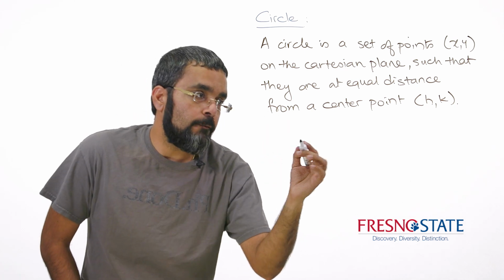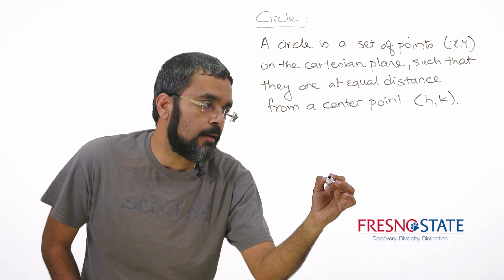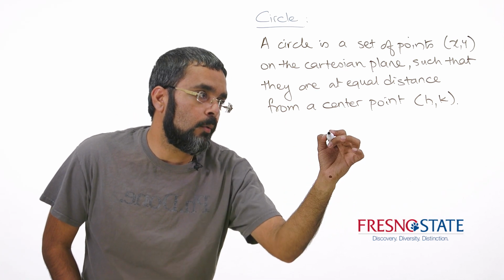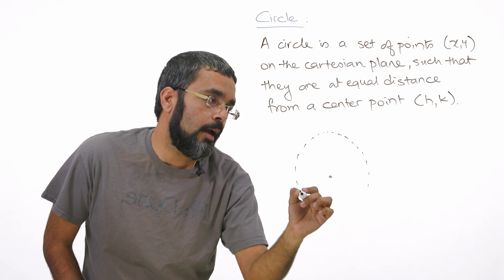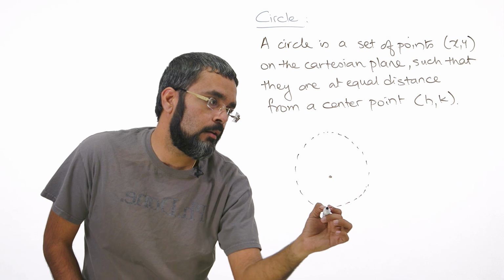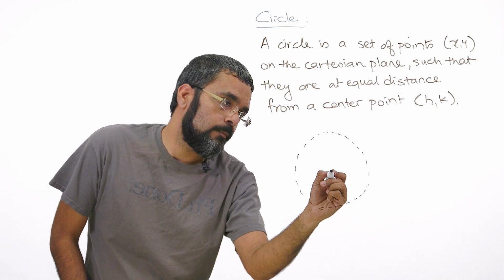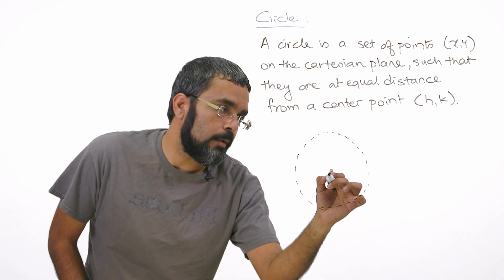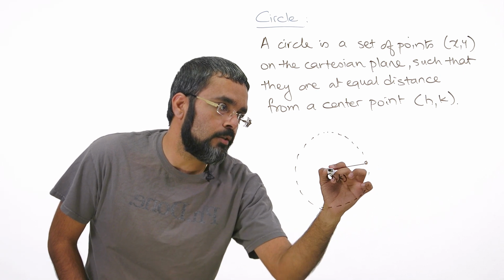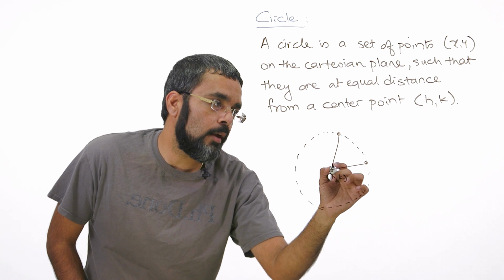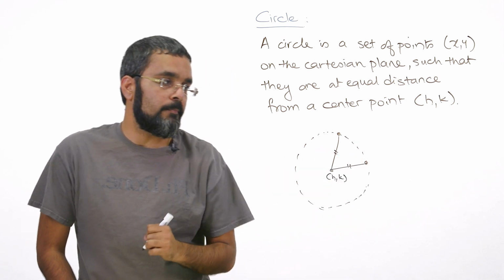So if we draw this, let's say this is our center point HK. We're picking up a set of points that are all at equal distance from the center point. So this would be my center HK, and all of these points are points whose distances are the same.